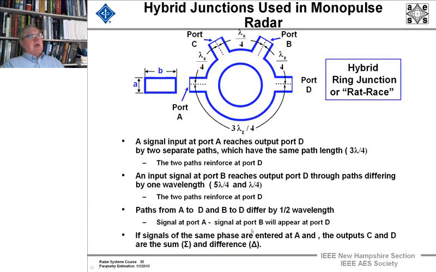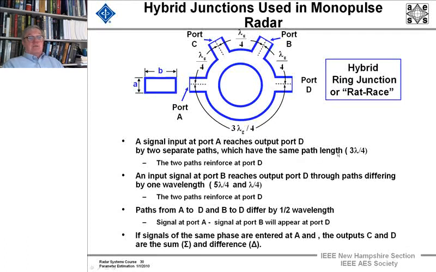The same way with the rat race. And this takes a little more interesting, and probably I'll just go through this one. A signal in port A reaches the output port D by 2 separate paths. Port A goes around here 3/4 of a wavelength, and it goes through here, it splits here 3/4 of a wavelength.